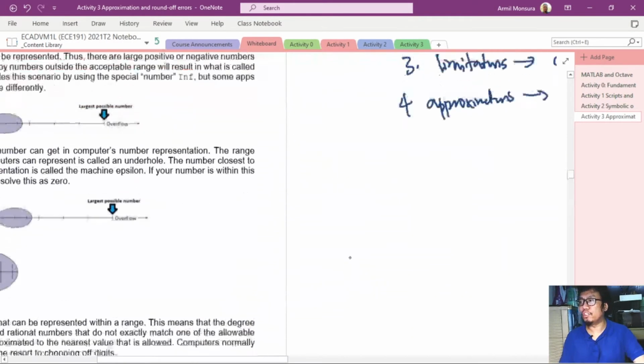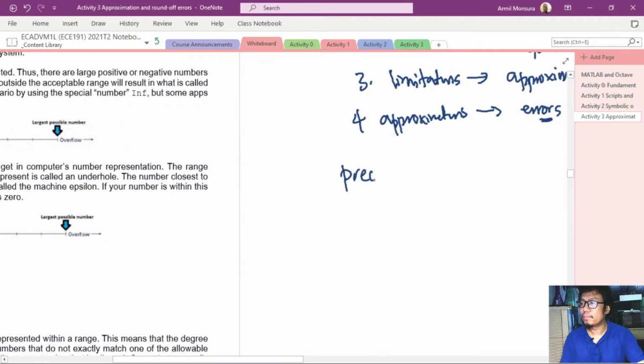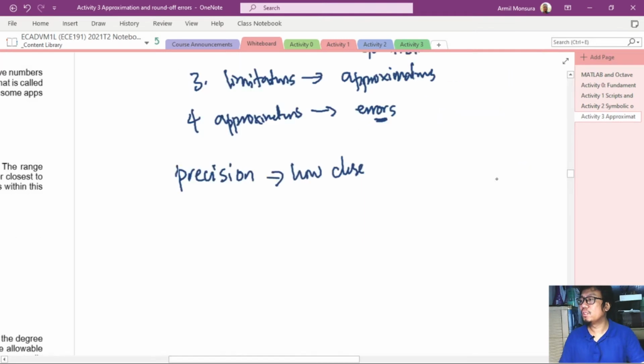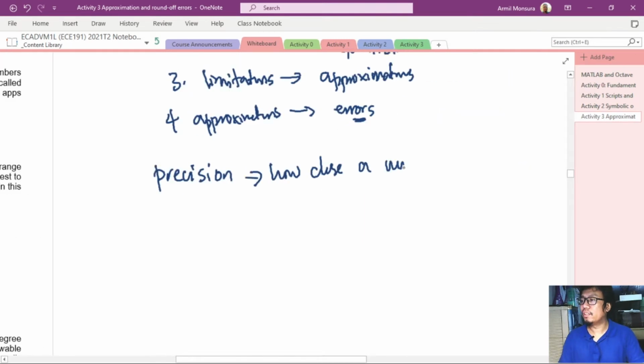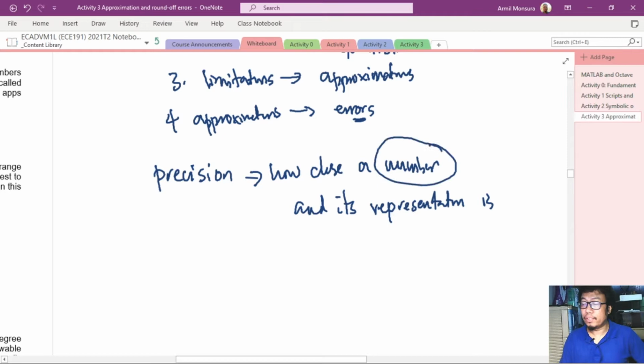When you say precision in terms of numbers, it actually pertains to how close a number and its representation are. You have a number, and that number has an exact value.